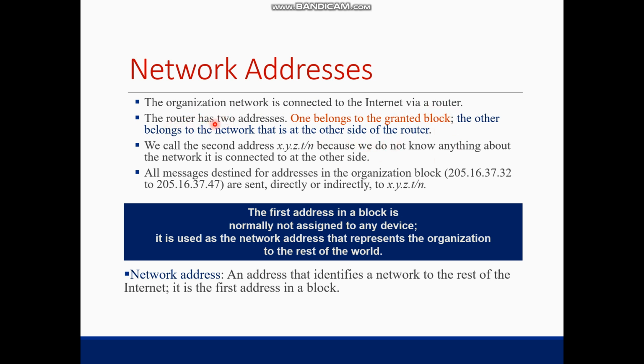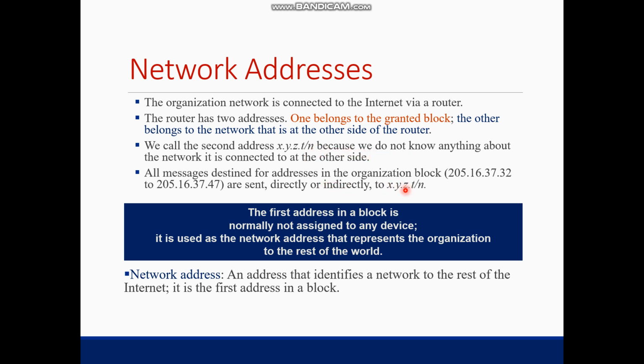And we said that each router has two different addresses. One belongs to the granted block, and the other belongs to the network on the other side of the router. So the rest of the internet is going to communicate with our organization using the other side of the router. We call the second address, which is connected to the rest of the internet, x.y.z.t, because you don't know anything about it.